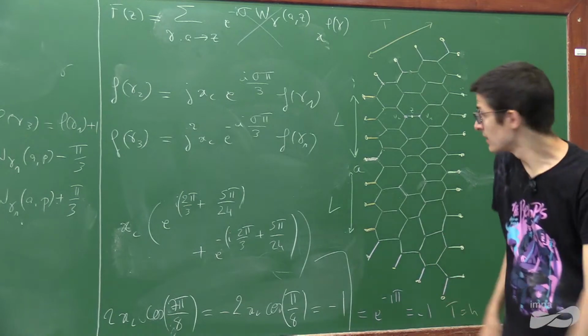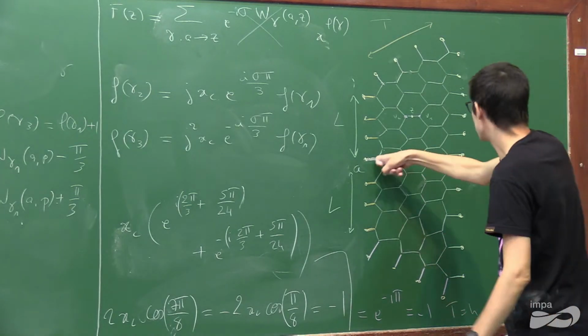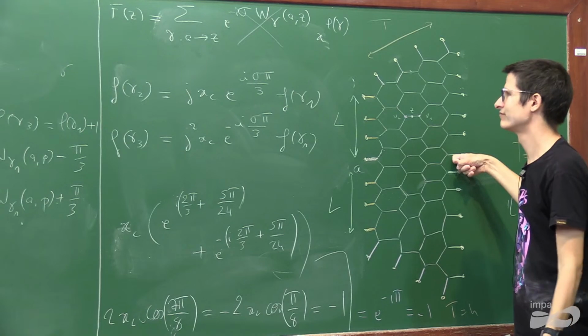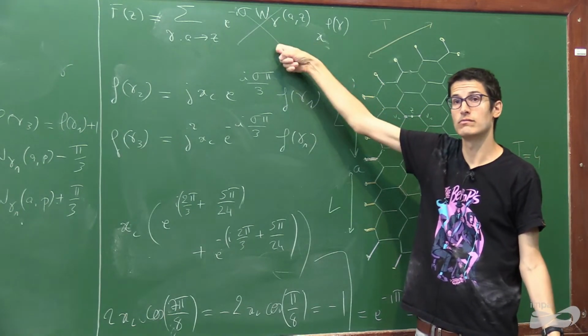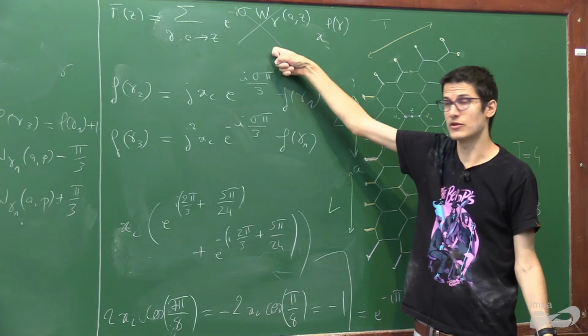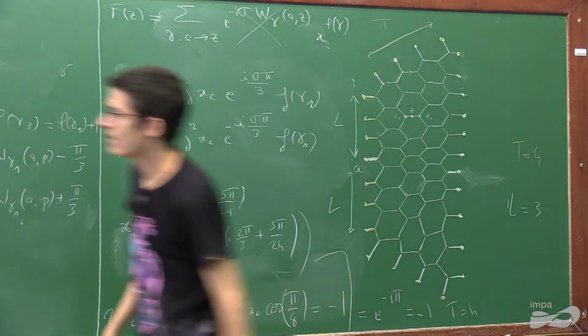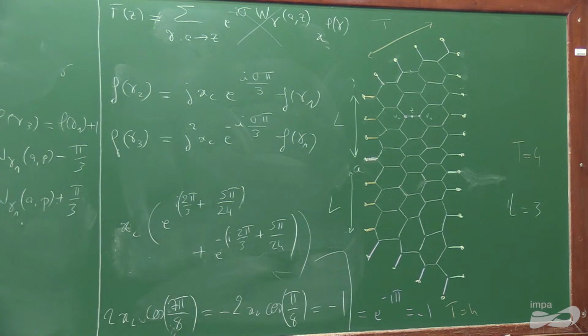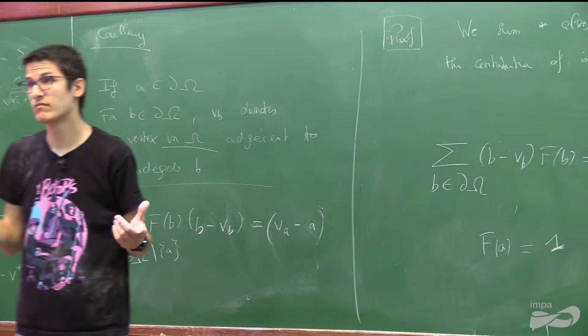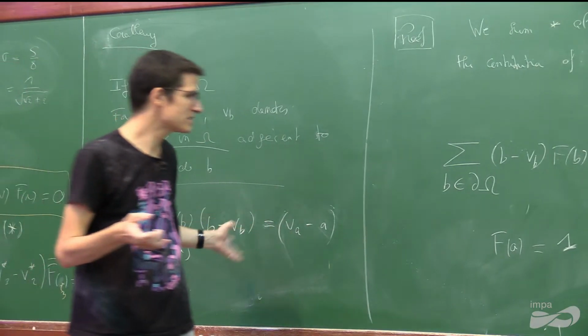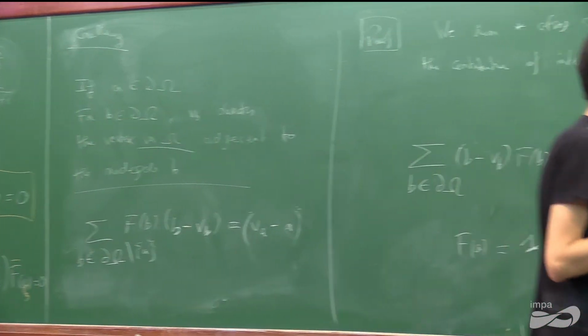If they go from A to the other side, well, the winding number is 0. So you don't have this term. And this B minus VB, it's 1/2.